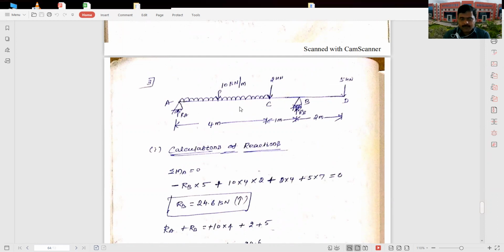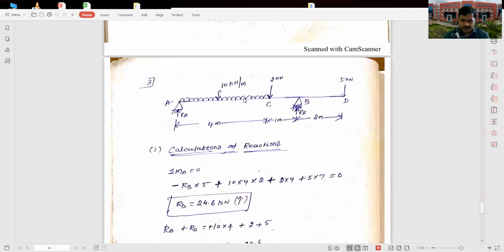X equal to 0, you will get the shear force value at A. And if you want the shear force value at C, you have to substitute x equal to 4 meter. The distance for C from the point A is 4 meter. Therefore, if you substitute x equal to 4 meter, you will get the shear force value at the C point.